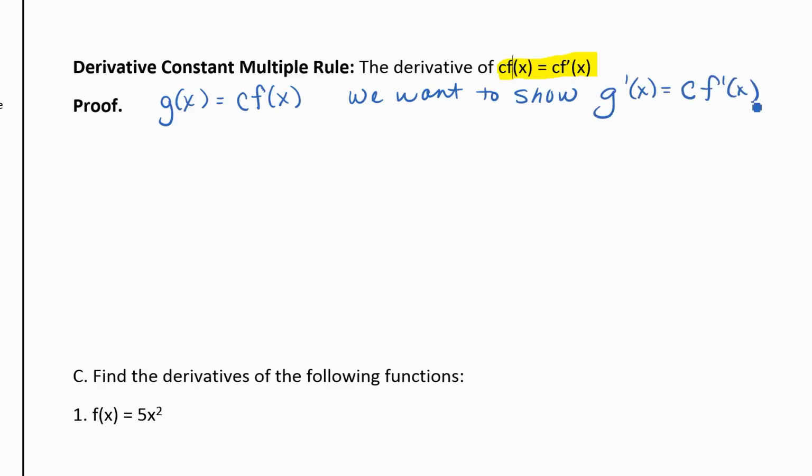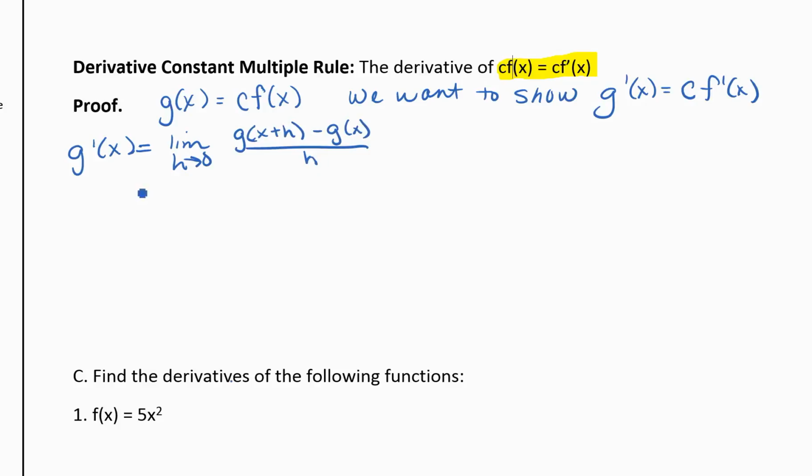Okay? So we know that the derivative g prime of x is equal to the limit as h goes to 0 of g of x plus h minus g of x all over h.